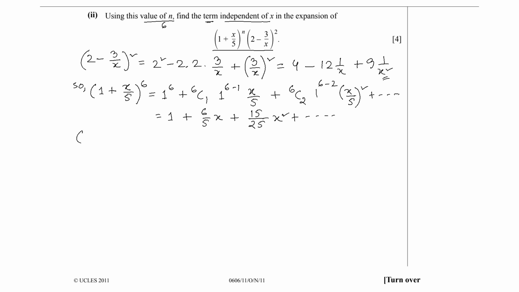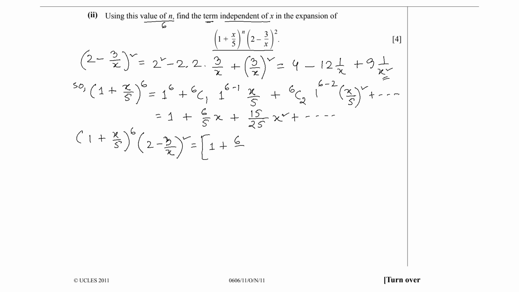Now let's write these two terms in product form. (1 plus x over 5) to the power 6 times (2 minus 3 over x) whole squared. Let's write their expanded form.